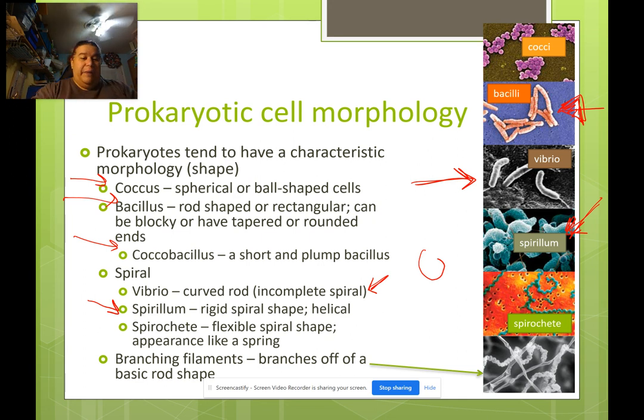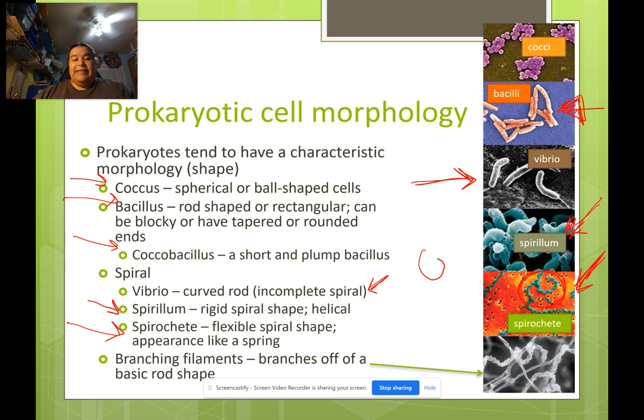Whereas if you are a spirochete, you are a spiral shape, but you're also fairly flexible like a slinky. So if you look here at the spirochete, you'll notice that it actually does curve around. Okay, you can see that one right there doing a curve thing. So I can take a slinky and manipulate its shape, and it actually does curve like that.